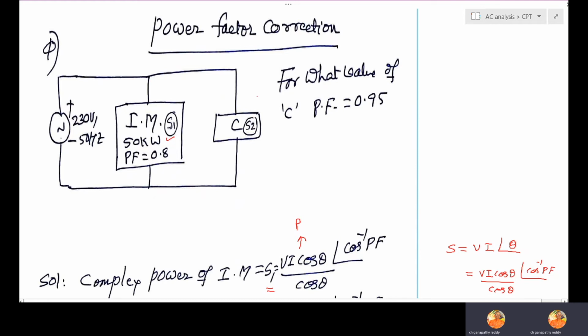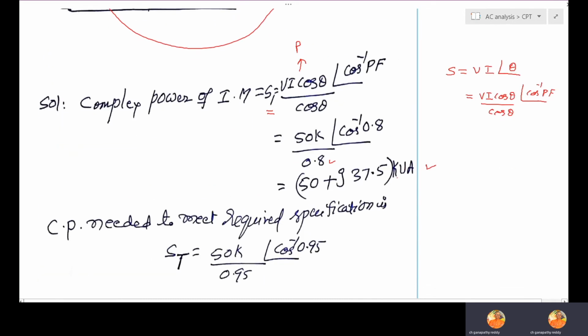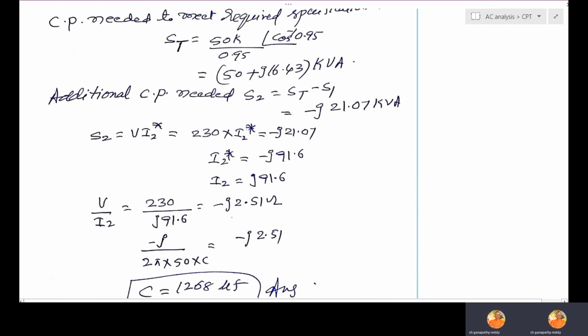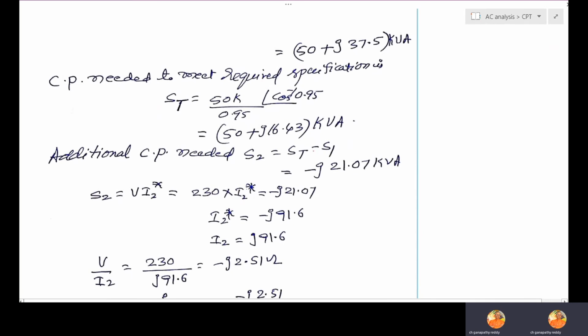This total is ST. So how to find S2? S2 is nothing but ST minus S1. We know ST, we know S1. So therefore, S2 equals ST minus S1. This is the additional complex power needed.